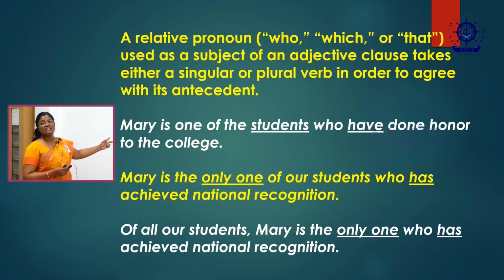In the previous sentence, the verb have agreed with the students because many students have brought laurels. In this sentence, only Mary has brought laurels to the institution. Last one, of all our students, Mary is the only one who has achieved national recognition. Again, it is the only single person who has brought laurels, so the singular verb should be used.